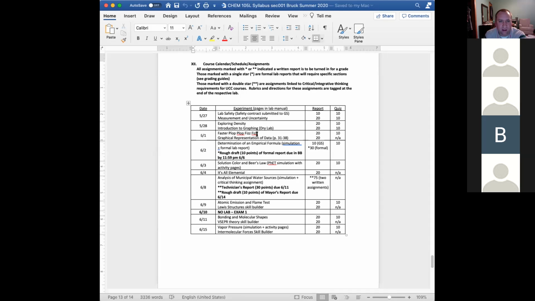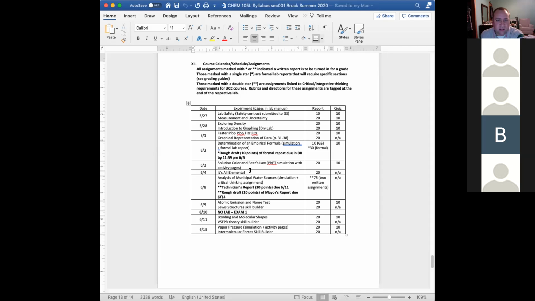It's in your lab kit. But the rest of the labs that week are all simulation or dry labs. So, I did try to build in a little bit of lead time here.